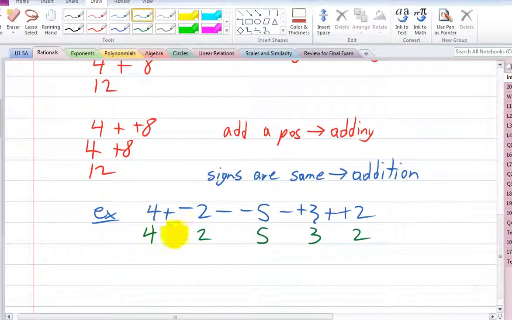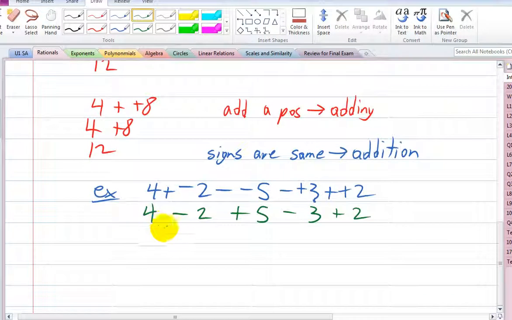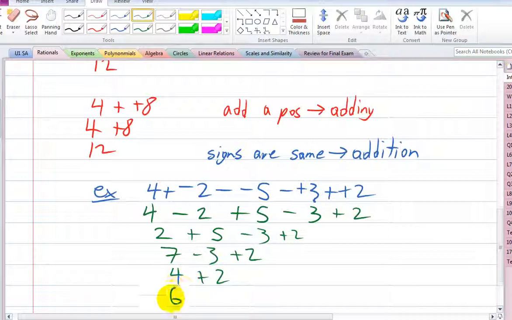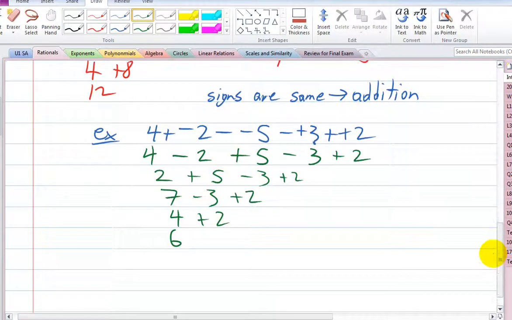Okay. So it should be 4 minus 2 plus 5 minus 3 plus 2. Okay. 4 minus 2 is 2. Plus 5 is 7. Minus 3 is 4. Plus 2. Final answer 6. Okay.